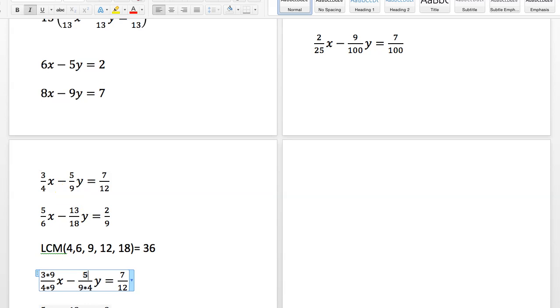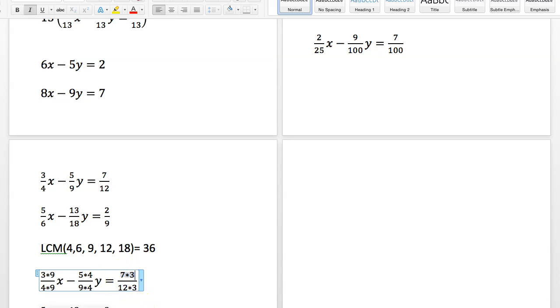If you multiply the bottom by 4, you have to multiply the top by 4. Over here, we already have 12, but to get 36 we need to multiply by 3. 36 is my LCM. If you multiply the bottom by 3, the price you pay is you multiply the top by 3.